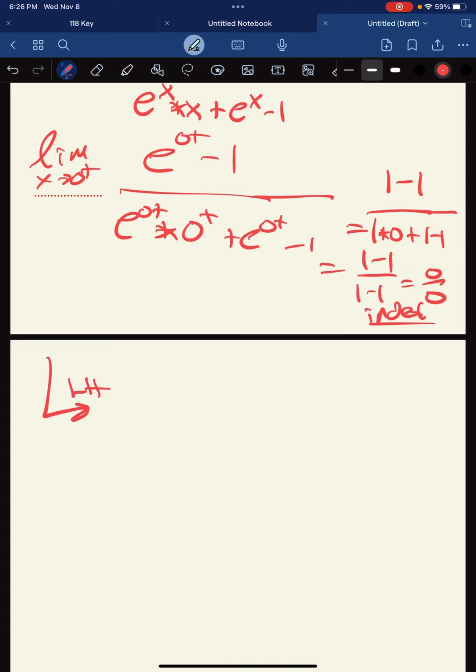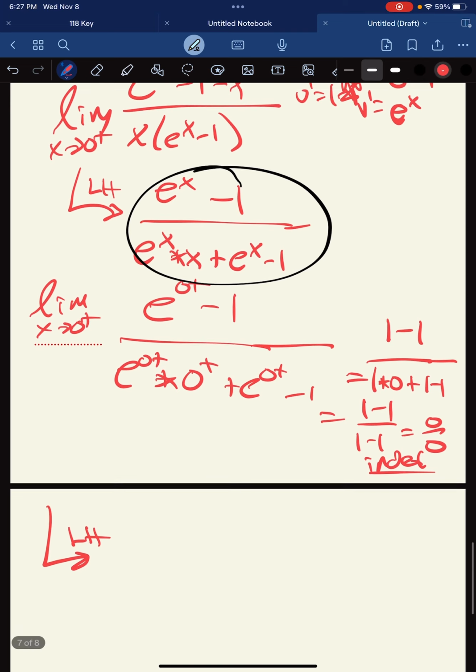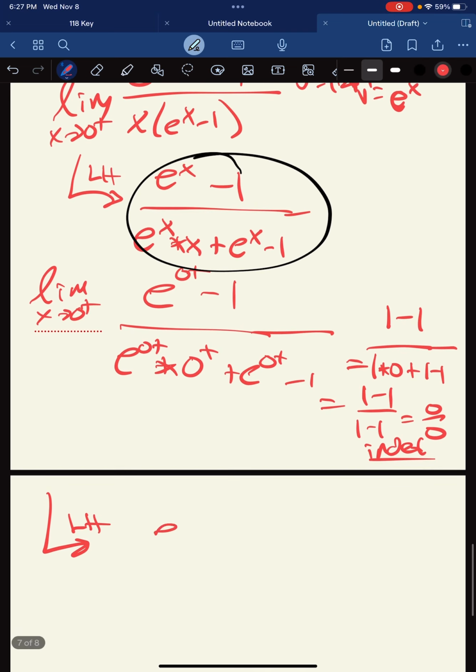And so we're taking the L'Hopital's rule of this. So we got e to the x in the numerator. Derivative of e to the x is e to the x. Derivative of negative 1 is 0. And then in the denominator, this is going to be a product rule, where our first term is e to the x, derivative of e to the x is just e to the x.